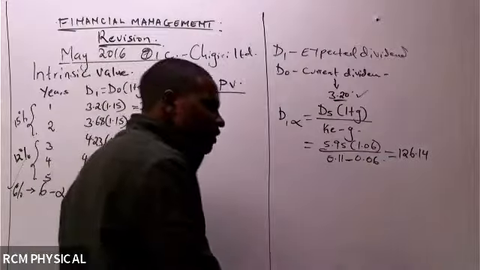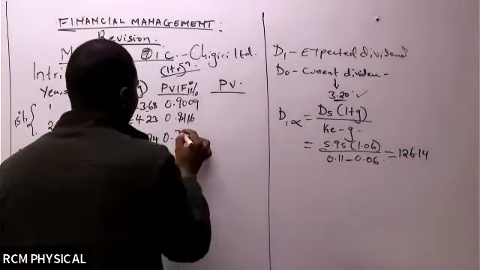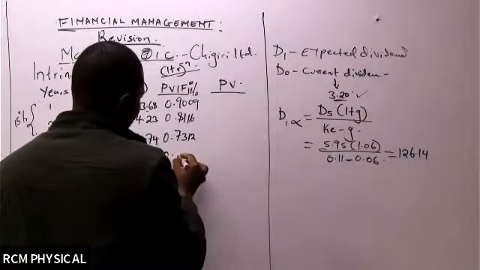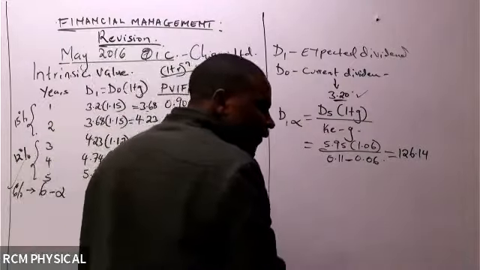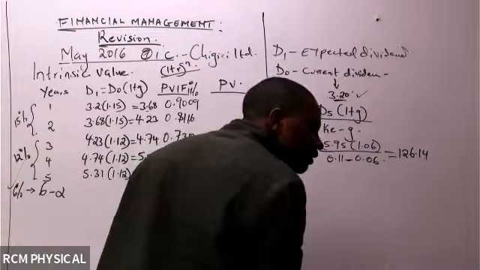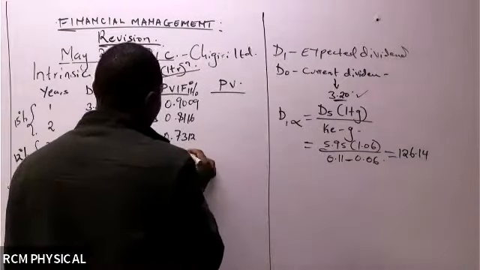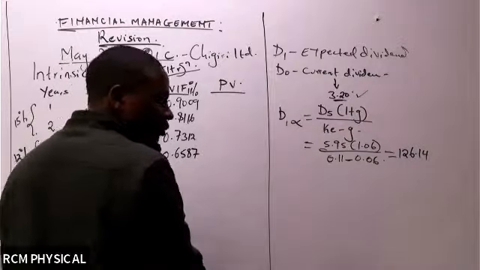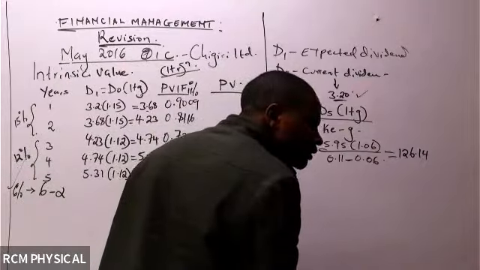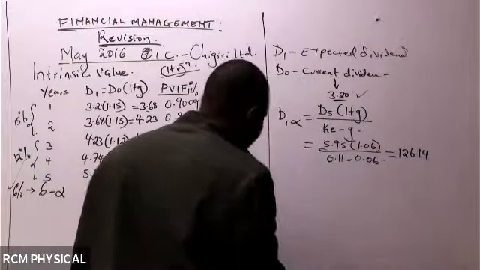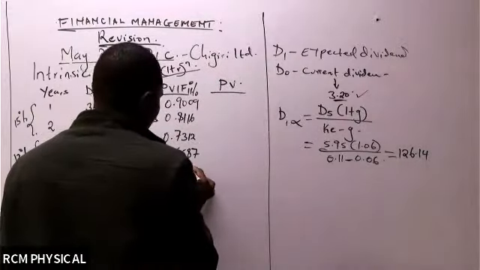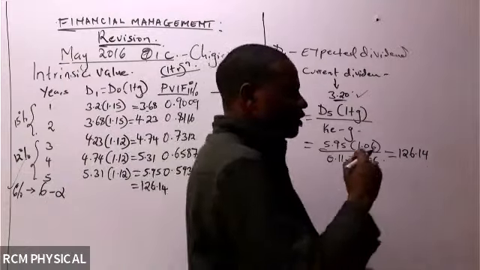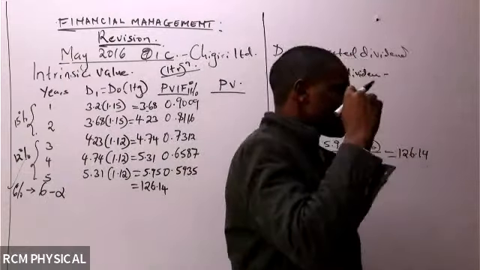0.7312. The fourth one, almost done. 0.6587. The fifth one, tano. 0.5935. Ayasita, I want somebody to guide me on how I get the sixth one.